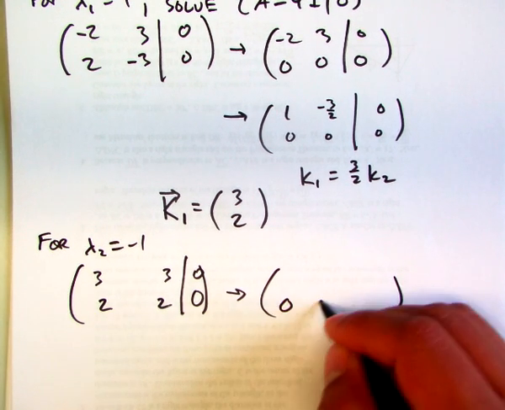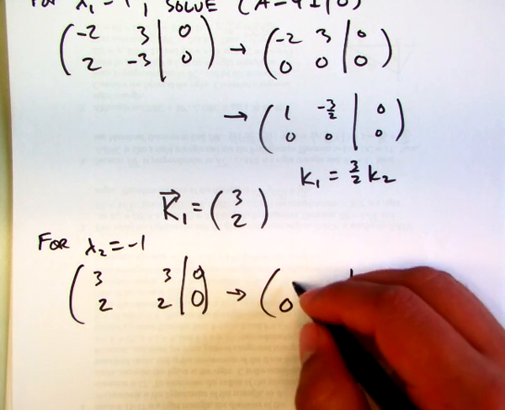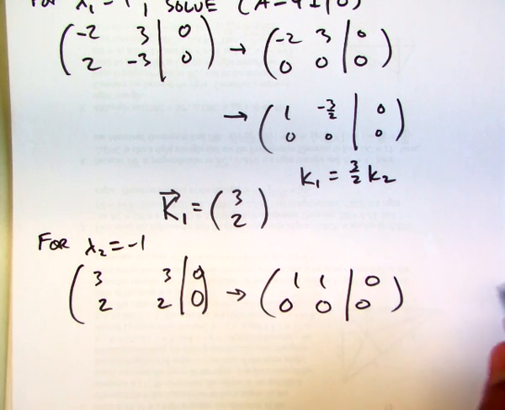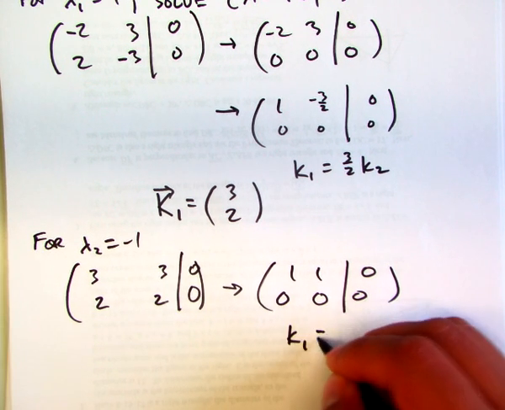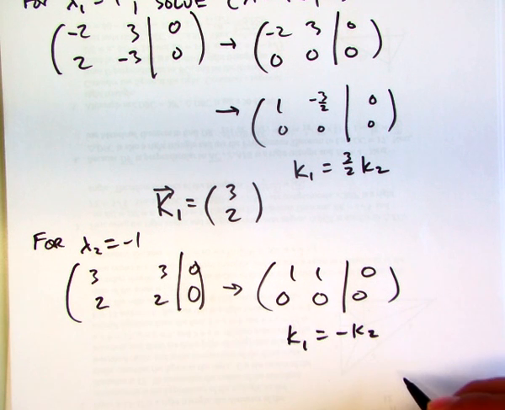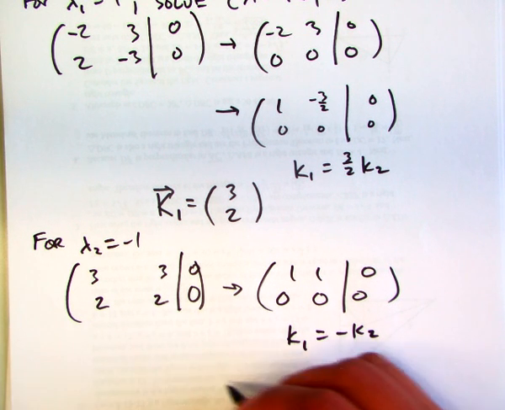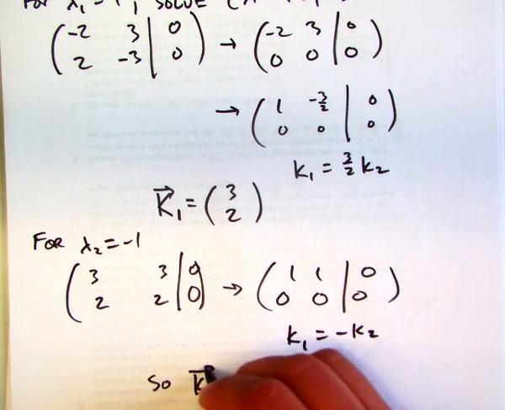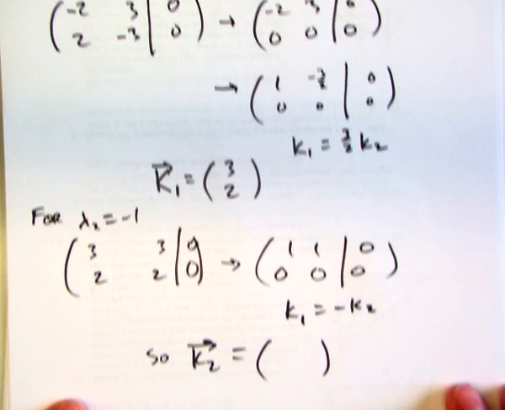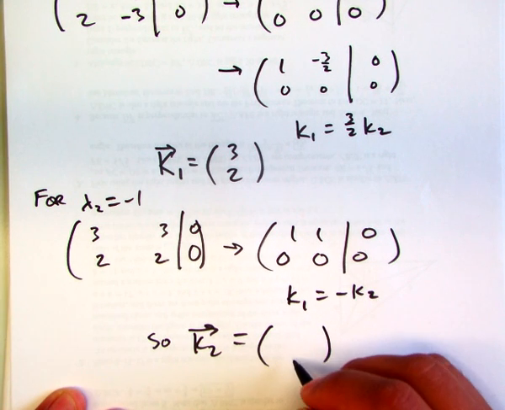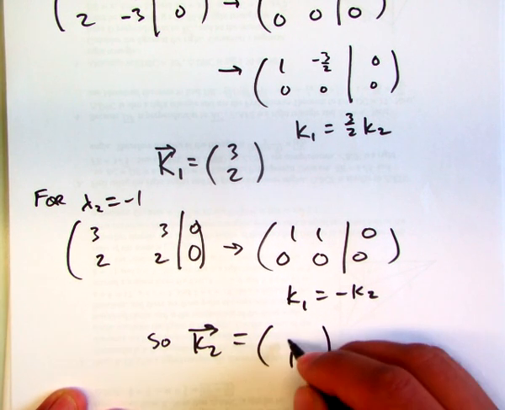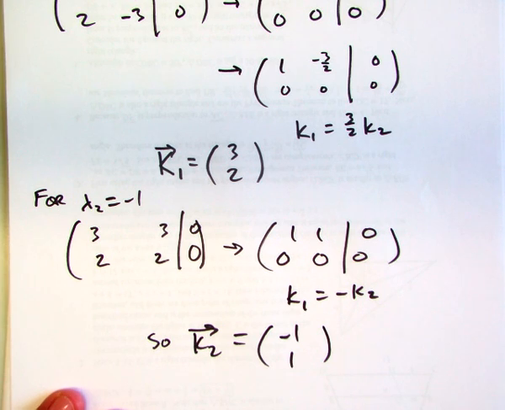And again, subtract the rows, multiply by a third, and you get that k1 has to equal minus k2. So my second eigenvector, I'll just pick k2 equal to 1. So then k1 would have to be negative 1.